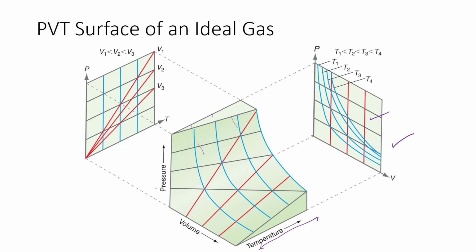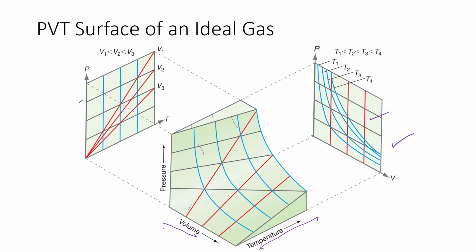Likewise, if you squeeze this three-dimensional surface along this volume and make it flat, then you will see this kind of PT diagram. Or in other words, if you cut it along this line, it looks like a line, but if you cut along that line, it will be a plane.